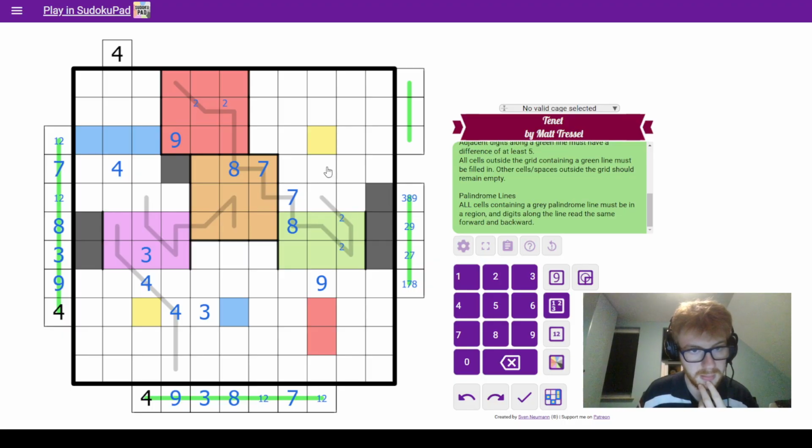Let's think. Let's think some more. This yellow could still have so much movement. Except I cannot do this, because that will block out that one. So the minimum it could move is here. So let's think about it.